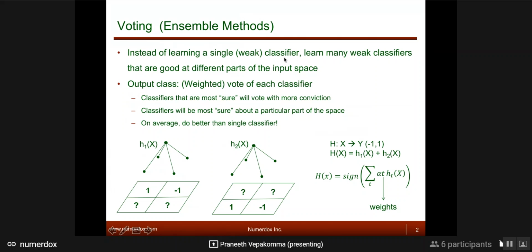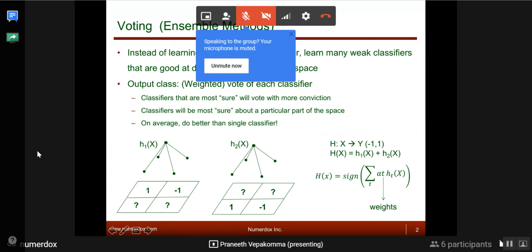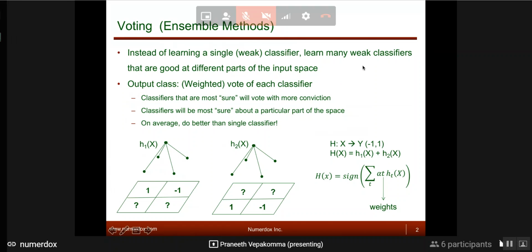So you have multiple experts making different decisions. Maybe if it's an email classification example, spam or no spam, some classifiers might be SVM related, some deep learning related, some may be random forest, some may be something else. And then you have different classifiers thinking whether a particular email is spam or not, and then you want to take a majority decision of some sort. A simple majority decision would be just to count.